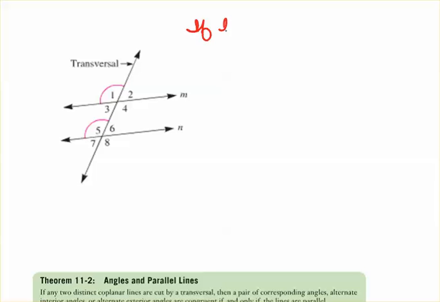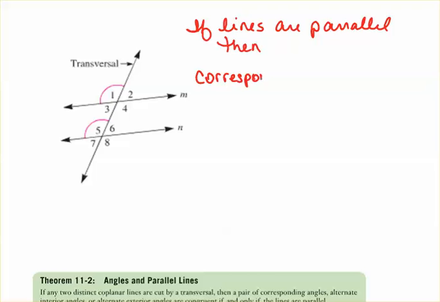If the lines are parallel, then the corresponding angles are congruent. Now, do you remember what congruent means from our last section? Congruent means that they have the same measure. So here our angle 1 and our angle 5 both have the exact same measure because they're corresponding angles.